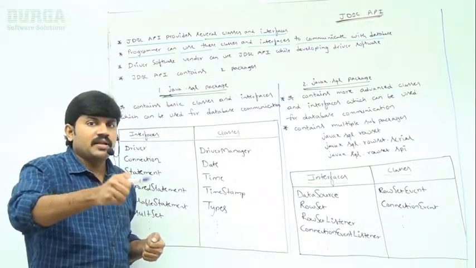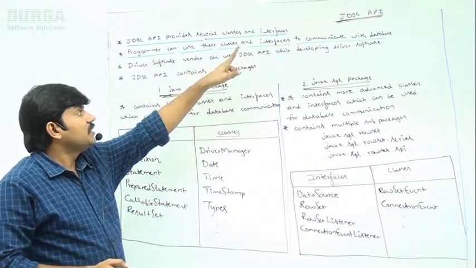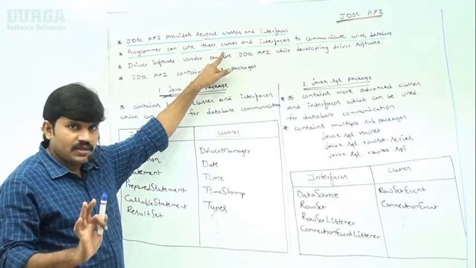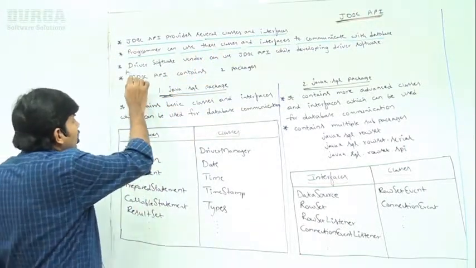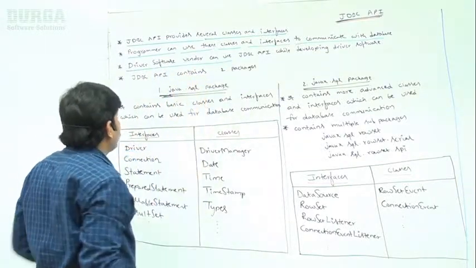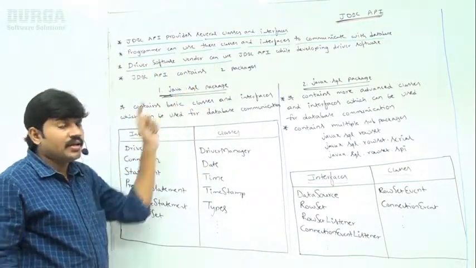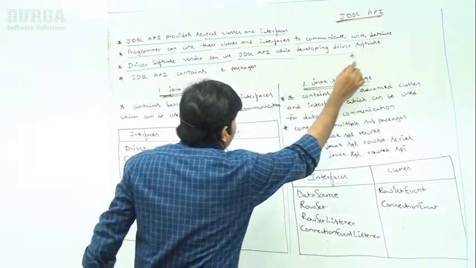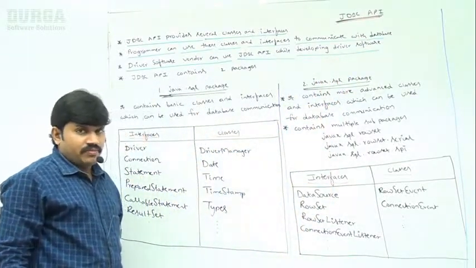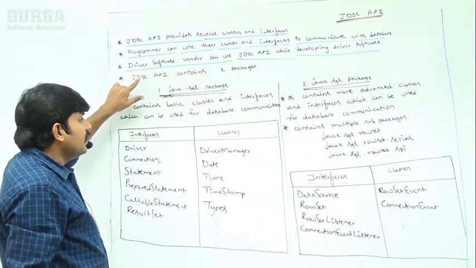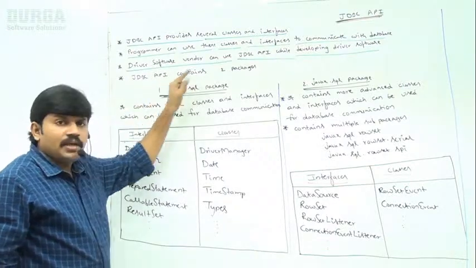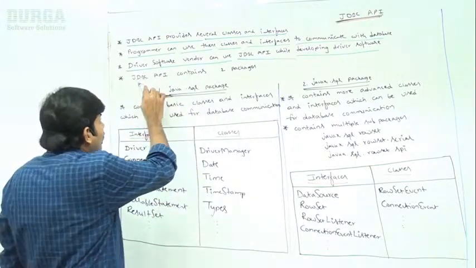Those classes and interfaces are available inside the JDBC API. Next, another person who can use them: a driver software vendor can use the JDBC API while developing driver software.